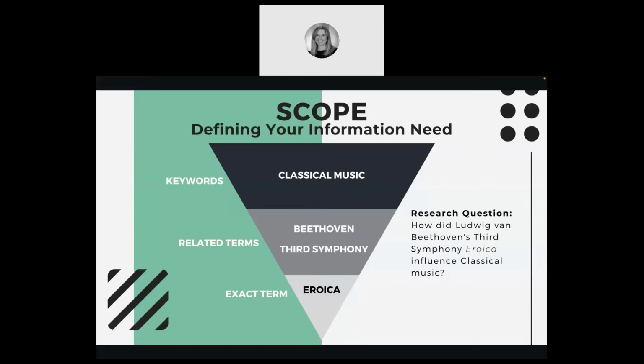After some further reading, I might come across a further narrow scope of Eroica. So I might focus my research on how Ludwig van Beethoven's Third Symphony, Eroica, influenced classical music. This is just an example of defining your scope. As a researcher, you start with a broad topic, and as you go through your resources, you see how you can start narrowing it down.